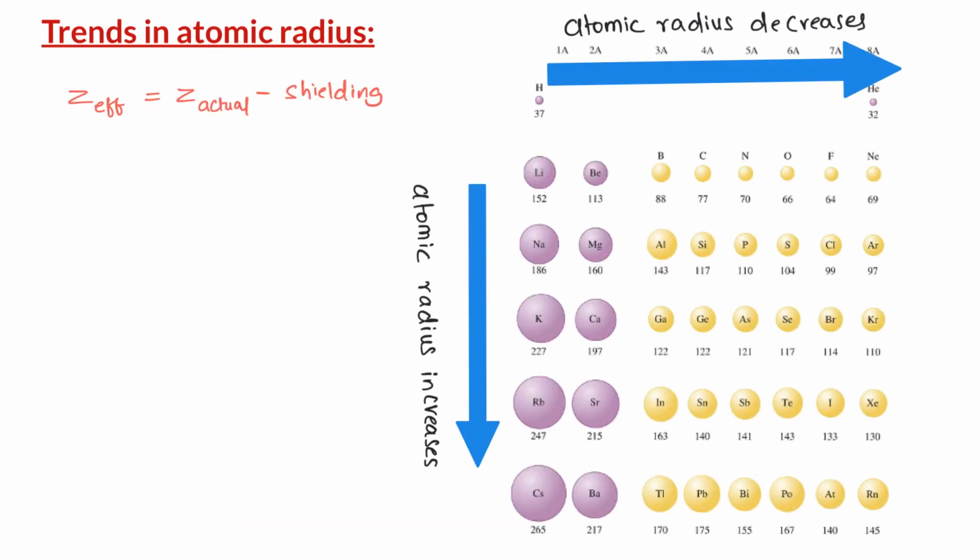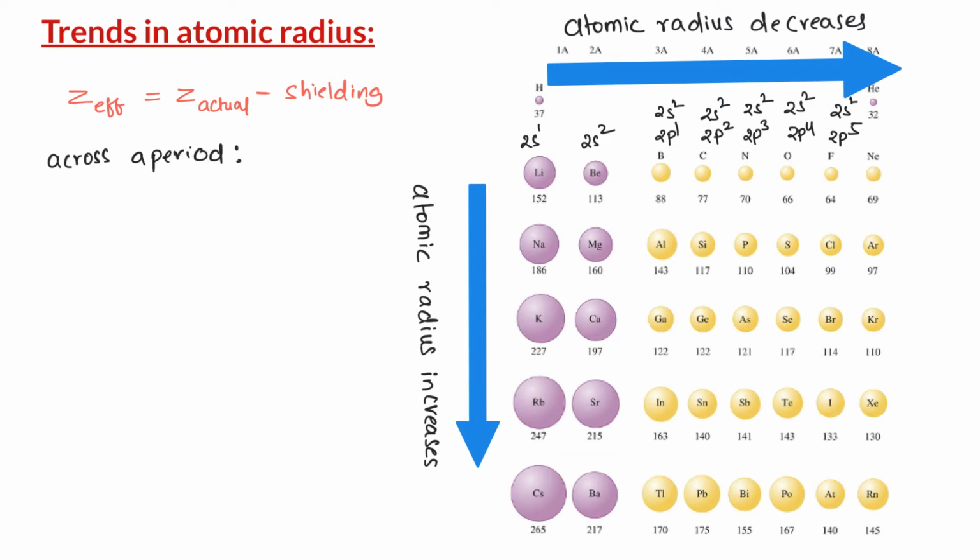When you are moving across a period, you are adding electrons to the same shell, and the electrons in the same shell cannot shield each other well. So, when you move from left to right across a period, the nuclear charge increases and the shielding increases.